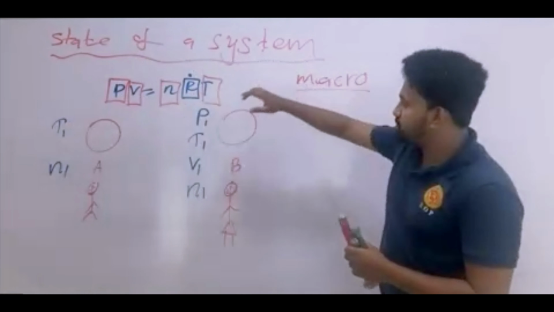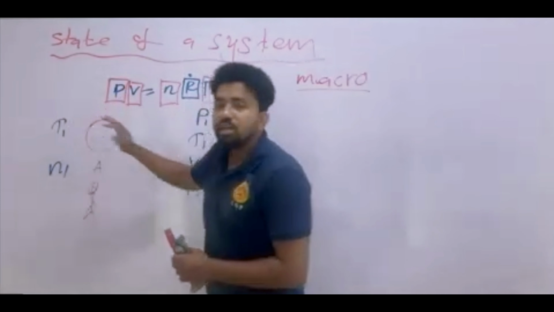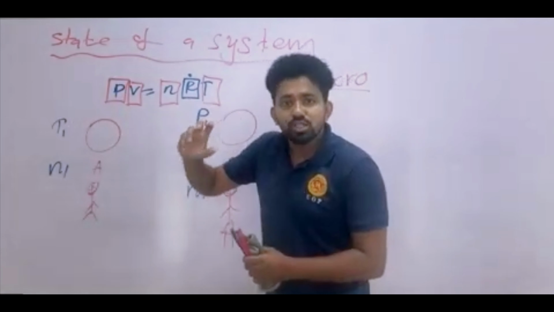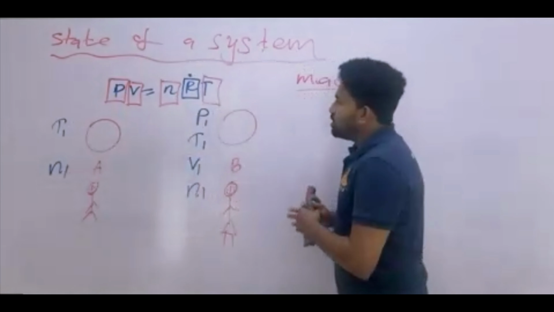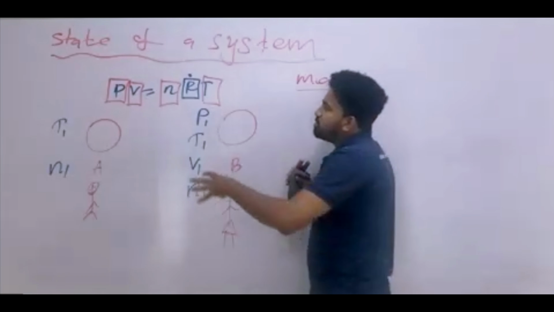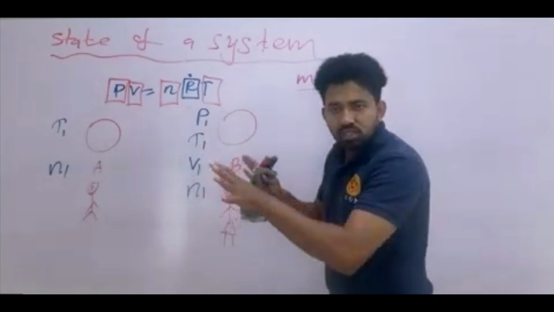If we know the temperature of the system, it means we know the state of the temperature of the system. If we know the number of moles of the system, it means we know the state of the number of moles of the system. Right? That is it. So to describe the state, we use the functions which are called pressure, volume, number of moles, and temperature. So these are about the gases.